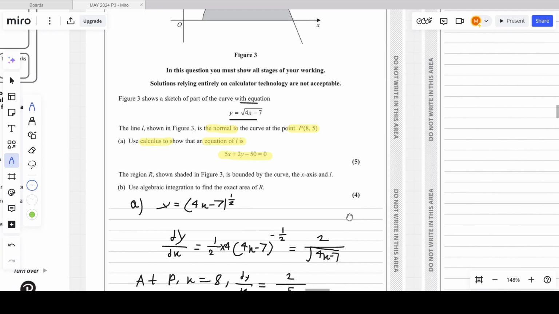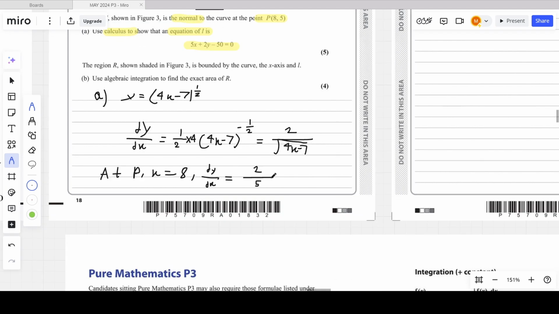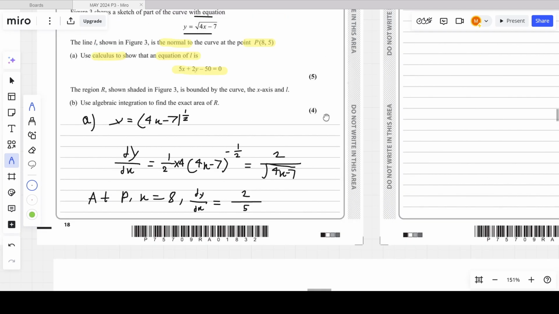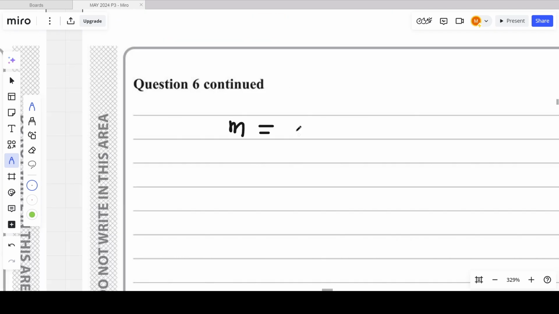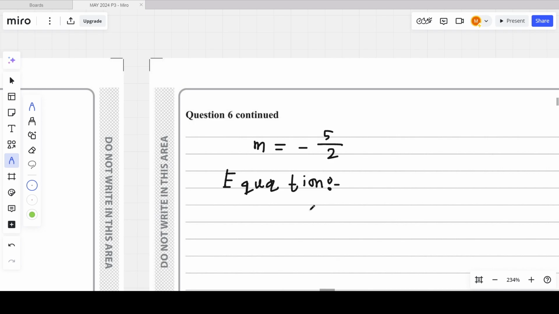So what would be the gradient of the normal at that point? It's just the negative reciprocal. The gradient of the tangent is 2 over 5, so the gradient of the normal is negative 5 over 2. Now we need to get the equation, which is just a concept from P1, finding a straight line equation.